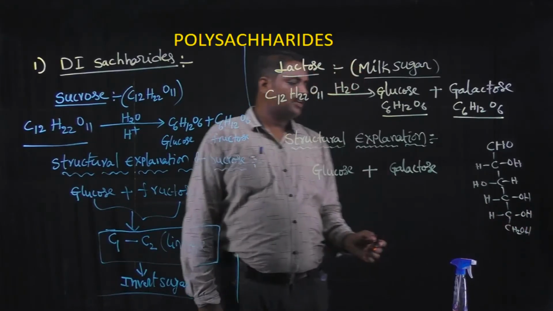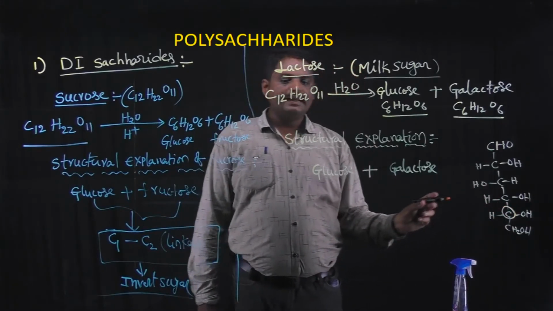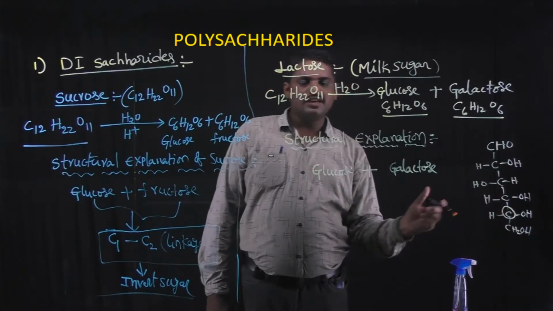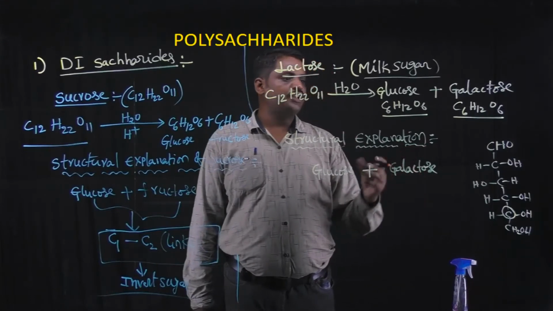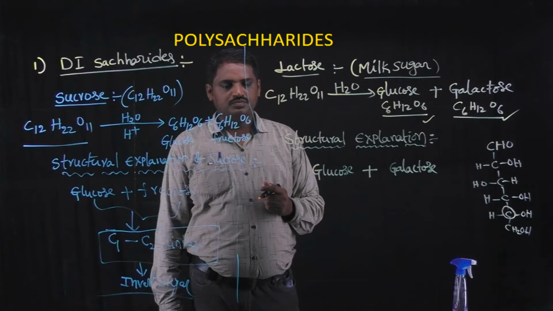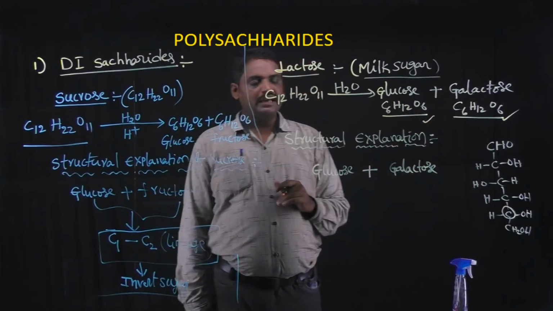So at the fifth carbon, the hydroxyl group is moved from the right hand side to the left hand side. So the total molecule is changed, and glucose is converted to galactose. This is the difference between glucose and galactose.